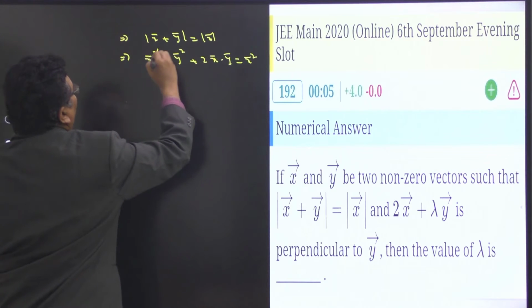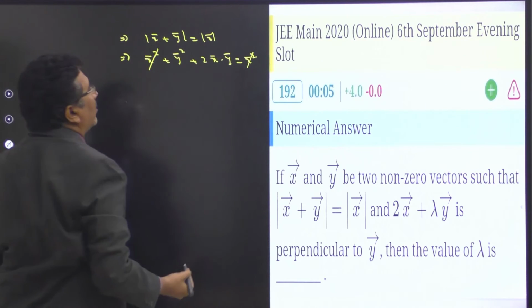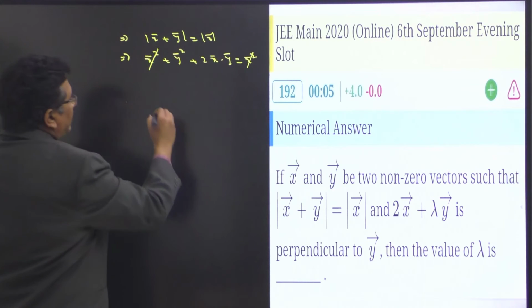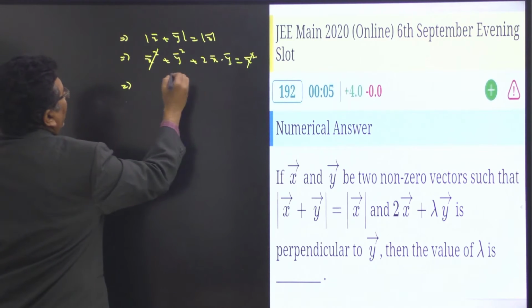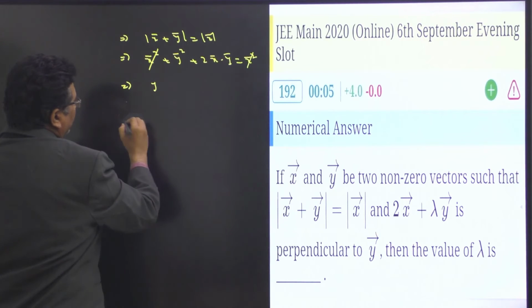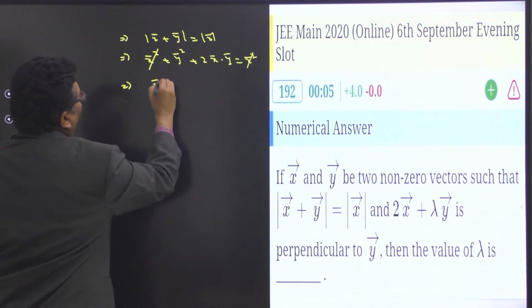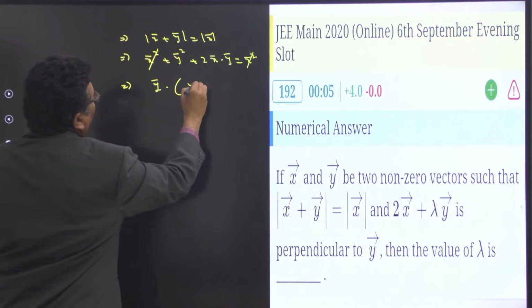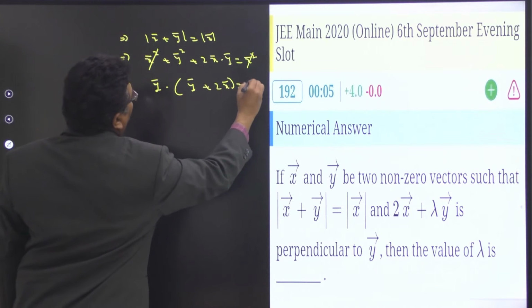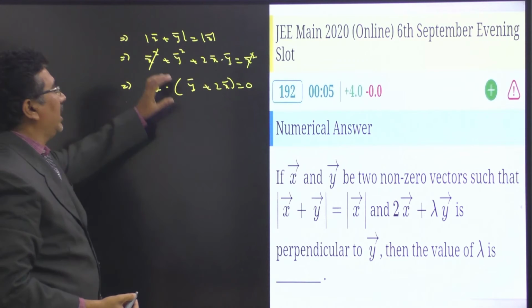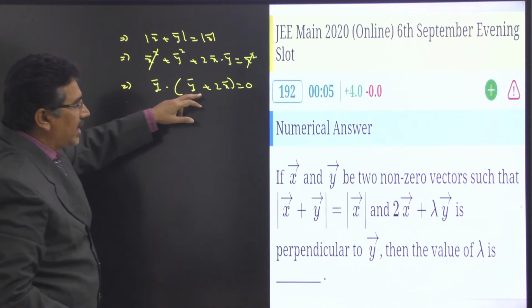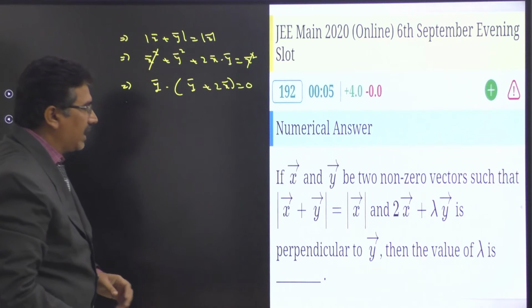Right, x bar square is a scalar. Now cancelling both sides, that implies y bar dot y bar plus 2x bar is equal to 0.